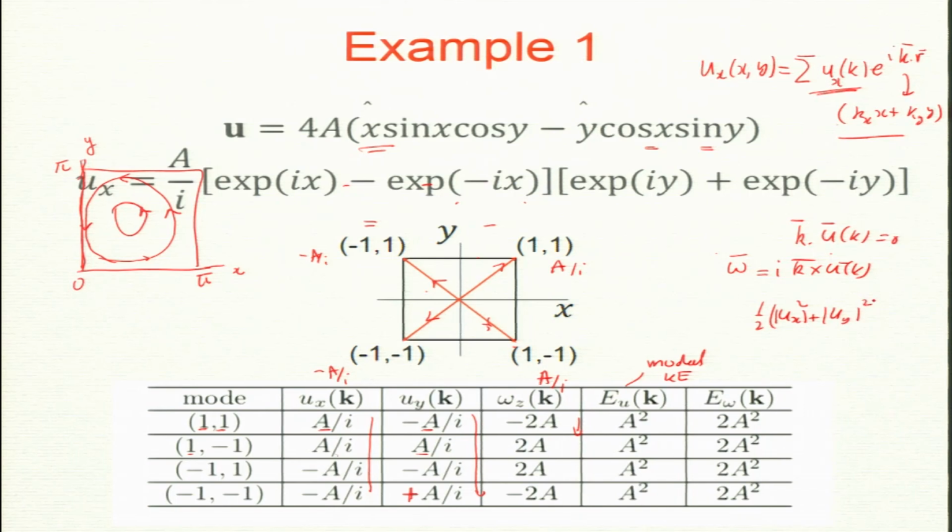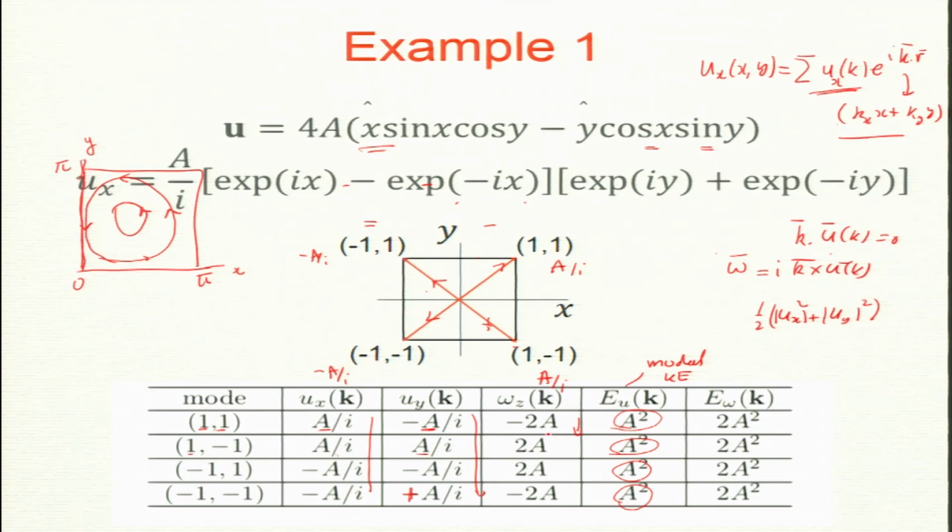So, take the mod of this, which is a squared, and the mod of this is again a squared. So, there are 2 a squared, divided by 2, it is a squared. This is the energy of the first Fourier mode. All Fourier modes have the same energy, a squared.